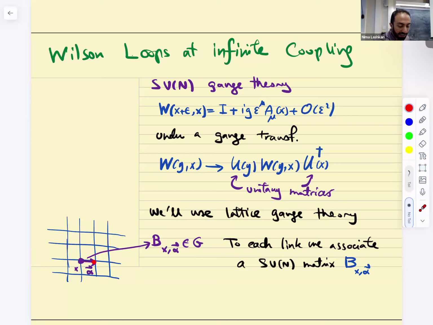There will be a point and a direction. You could think of it as a degree of freedom sitting on the link. So I'm going to label it by point X and a vector mu. Or if you wish, it's related to A mu of X. The mu tells you which direction, X is here. Is that part clear? All right, so these are SU(N) matrices.